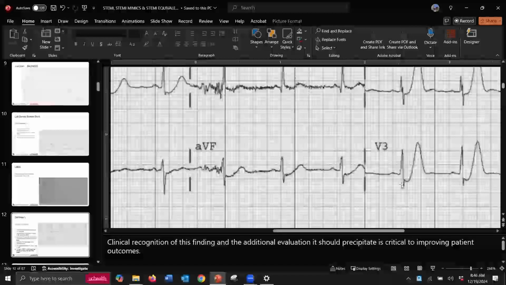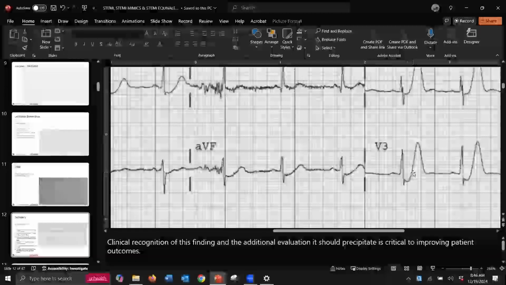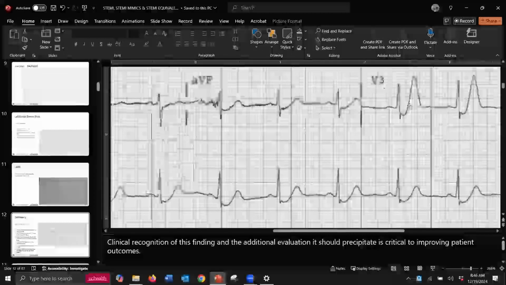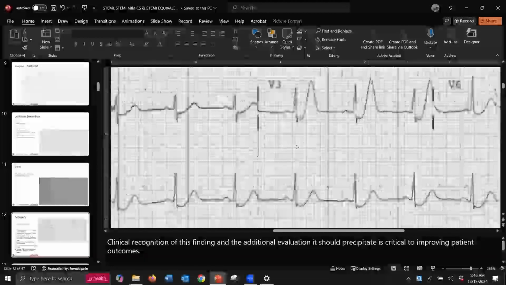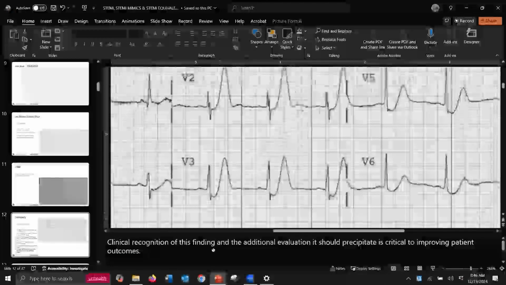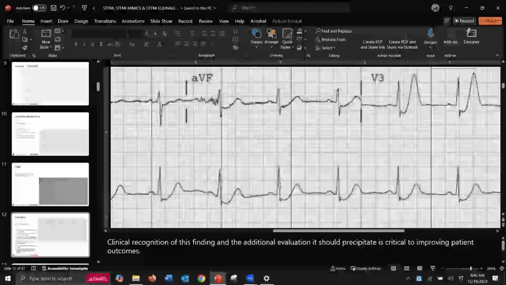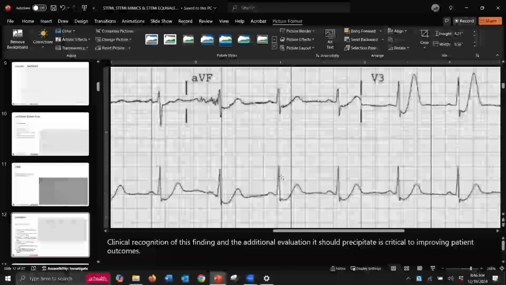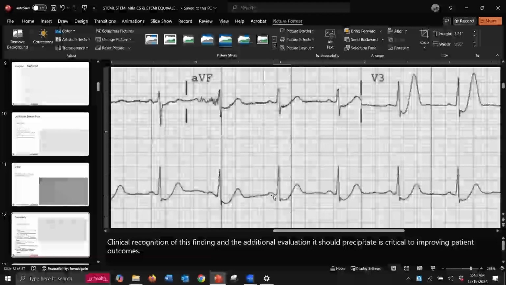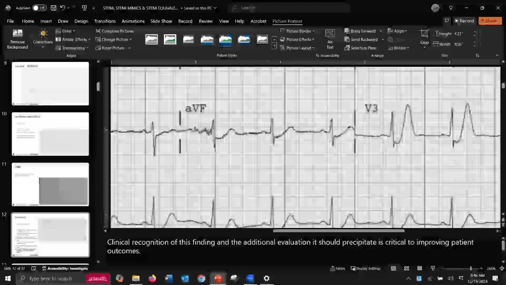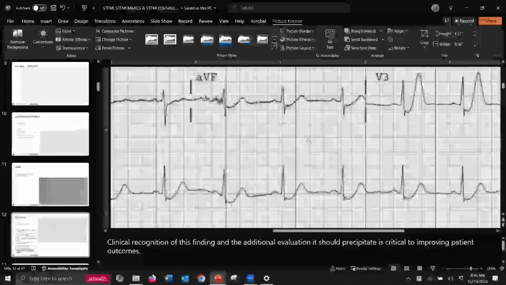If we look at V3, we're absolutely depressed. That's not V4, V4 is over here. V6, absolutely. V5, absolutely. This is a whole lot different moving this than just zooming in.